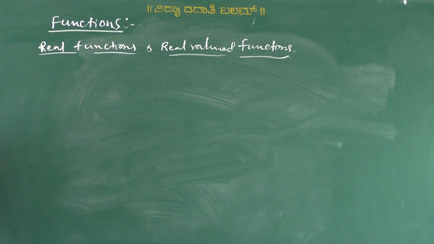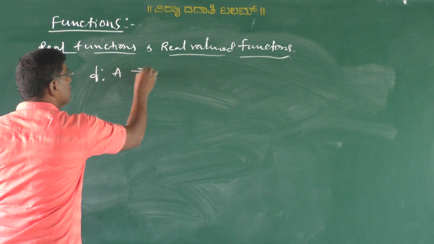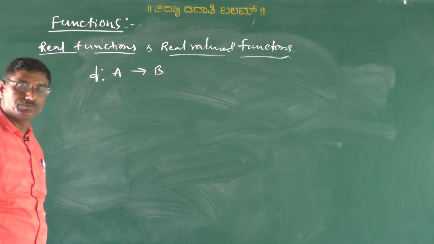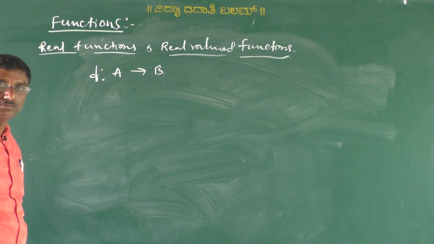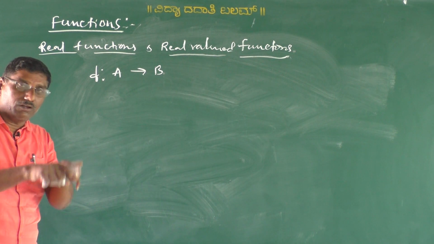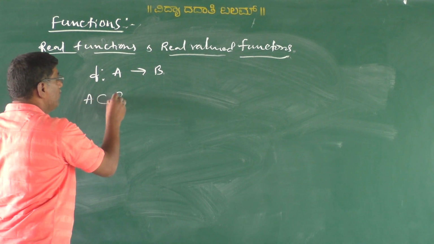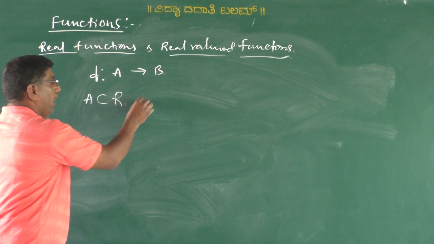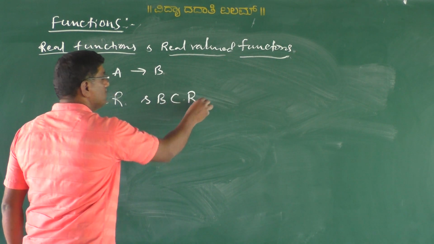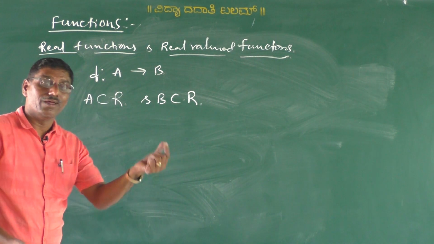See here. F from A to B is a function. If A is a subset of the set of reals, and B is a subset of the set of reals, then the function is said to be a real function.